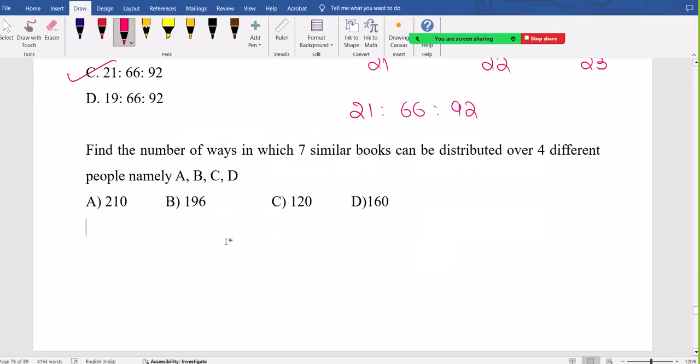Okay, so what's your logic? 7 similar books can be distributed over 4 different people.